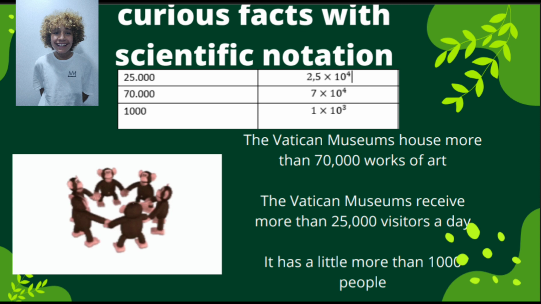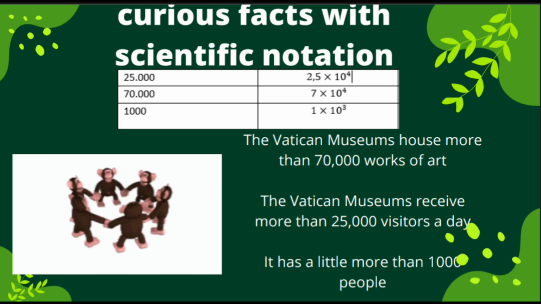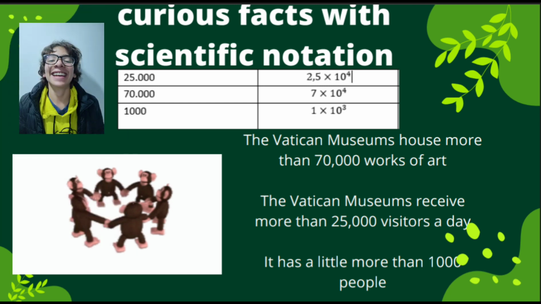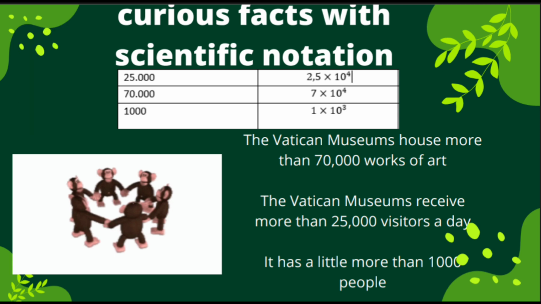That is 7 multiplied by 10 to the 4. And last but no less important, it has a little more than 1,000 people. So this in scientific notation is 1 multiplied by 10 to the 3.